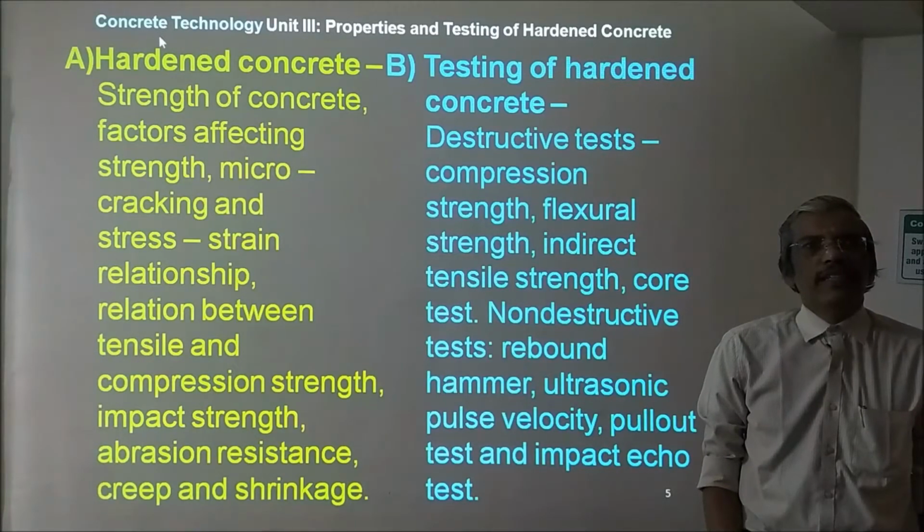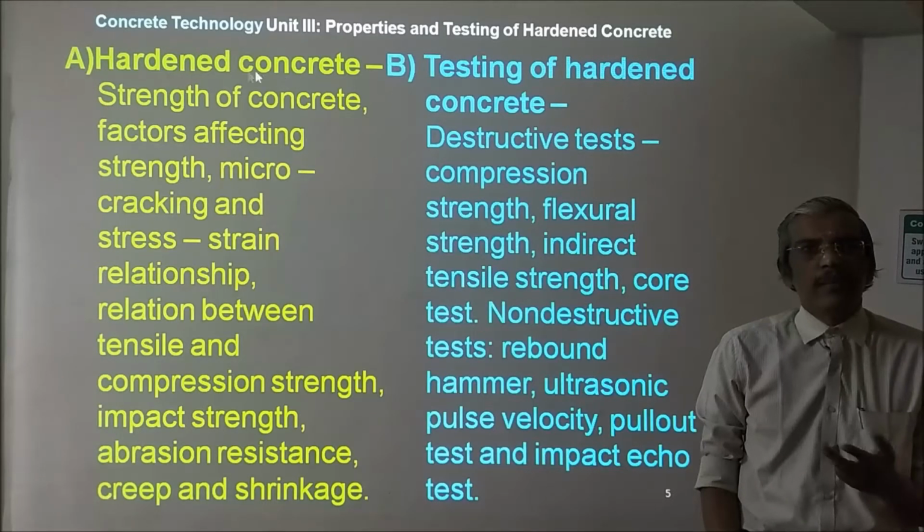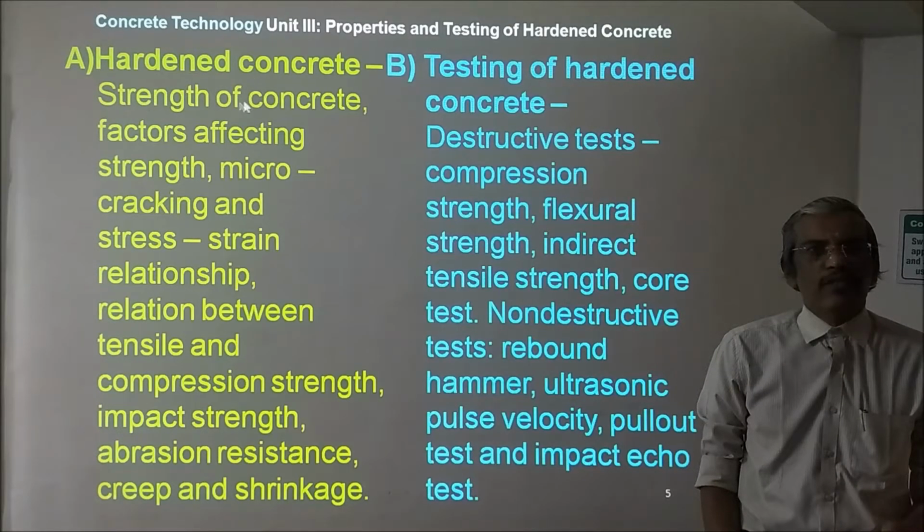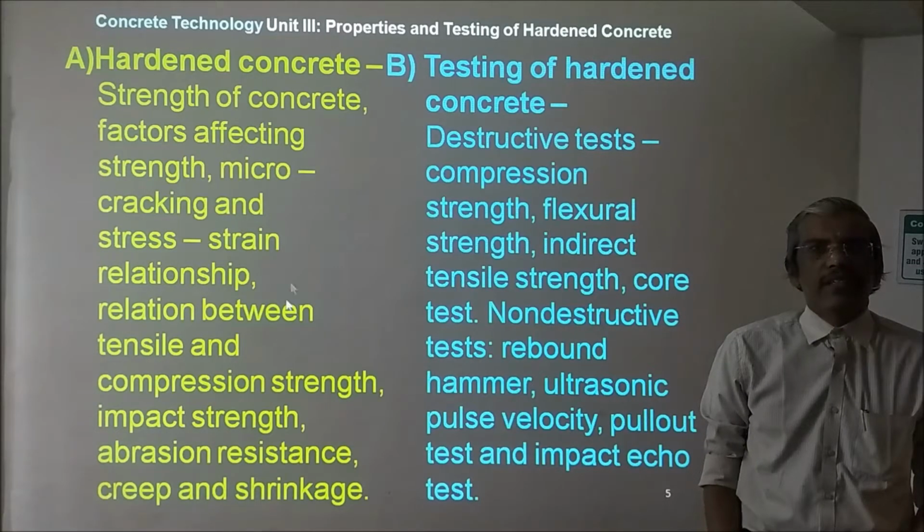Now we will see Unit number 3, properties and testing of hardened concrete. It is divided into two parts, Part A and Part B. Part A includes hardened concrete, which includes strength of concrete, factors affecting the strength, micro cracking and stress-strain relationship, relations between tensile and compressive strength, impact strength, abrasion resistance, creep and shrinkage.